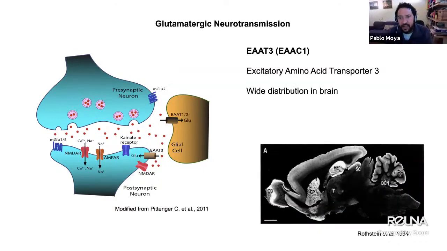EAAT3 has a wide distribution in the brain, particularly in cortex, striatum, and hippocampus, providing an anatomical reason to explore the potential consequences of altered expression in pathologies.